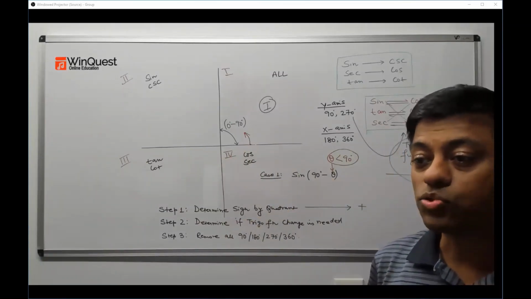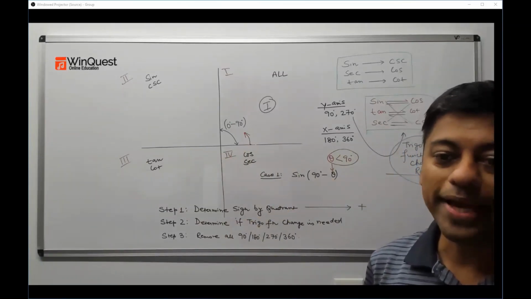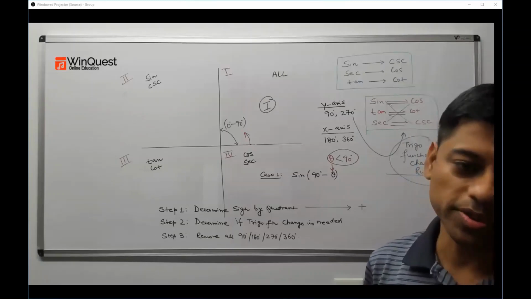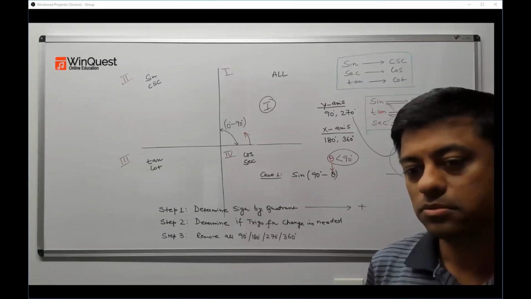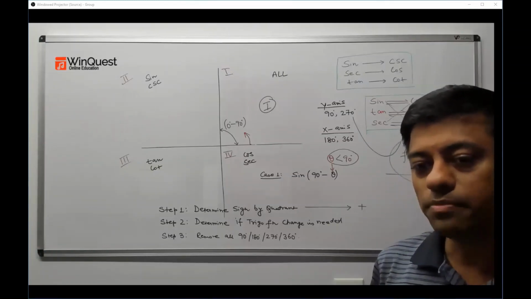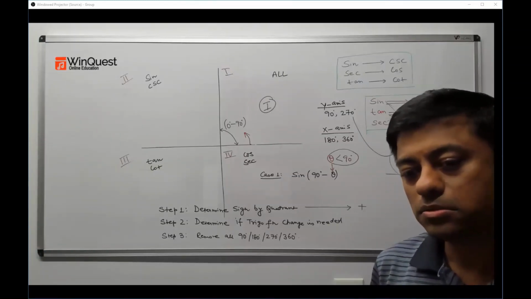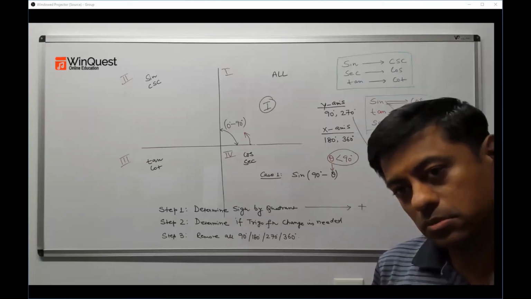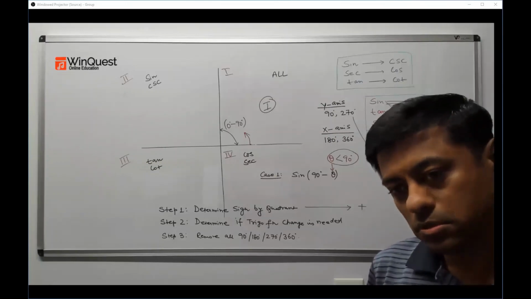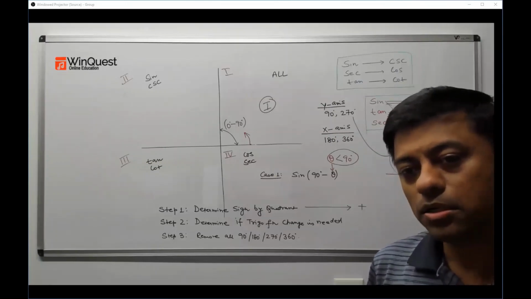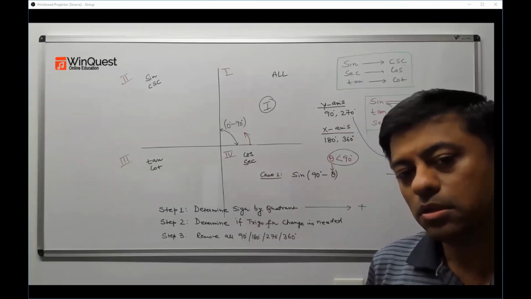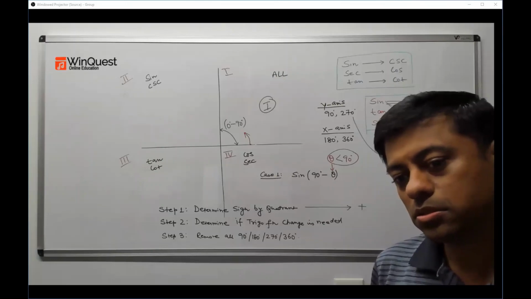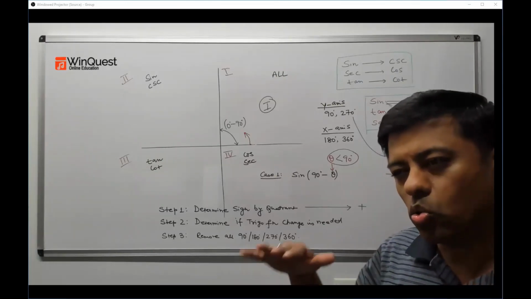When you traverse through the y-axis angles. Y-axis angles are what? 90 degrees and 270 degrees. Are we clear? Yeah, I got it.